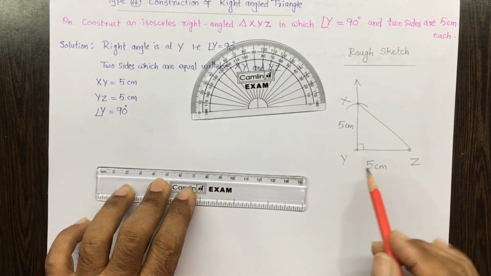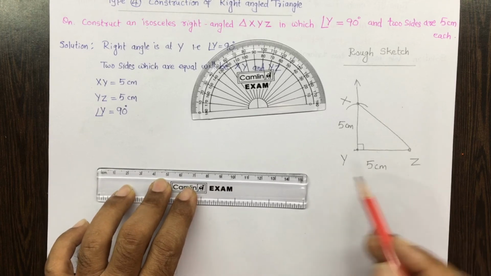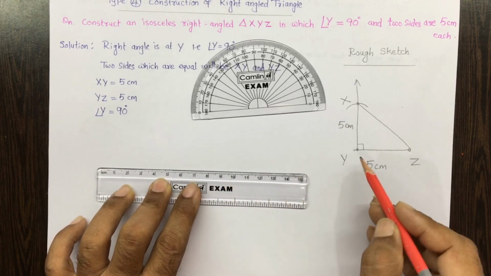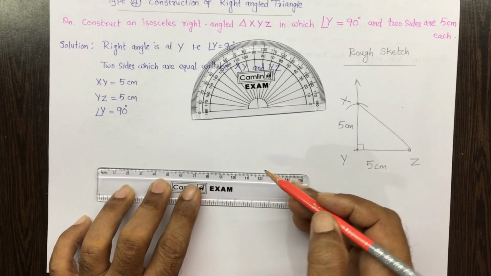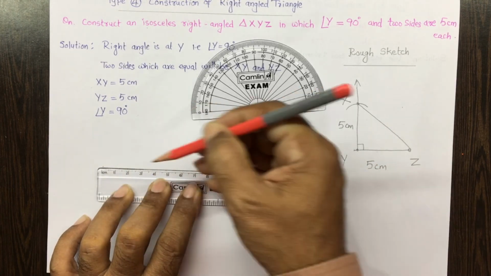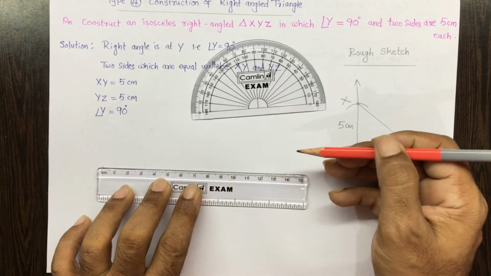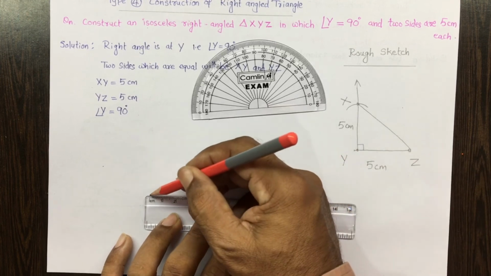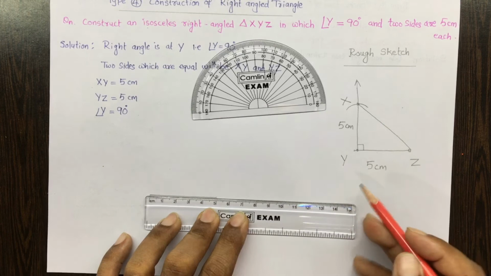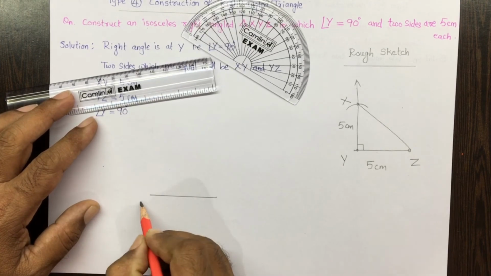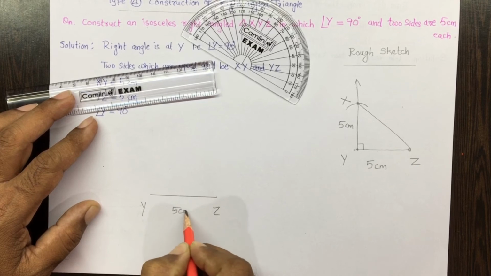So, let us draw YZ as base and at Y we can keep the right angle. YZ is 5 centimeter. So, you can mark 5 centimeter line segment here, Y and Z is 5 centimeters.